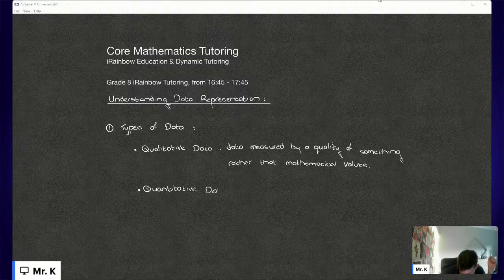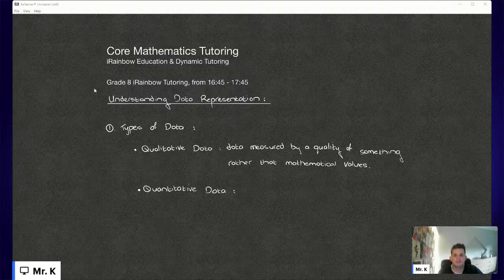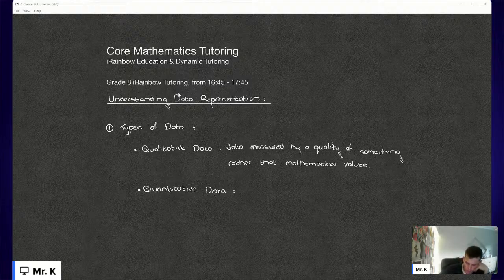Quantitative data is information that is measured using specific values. Right? Quantitative data is numerical.